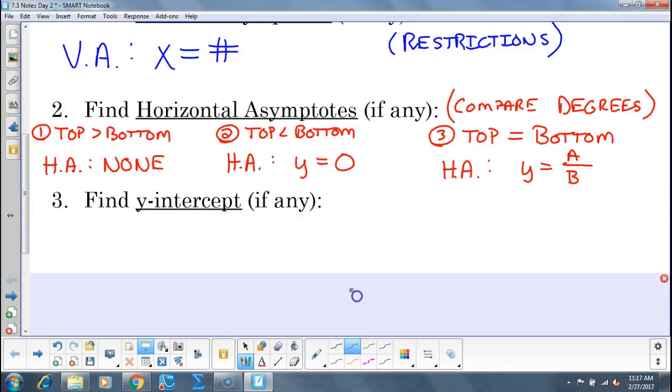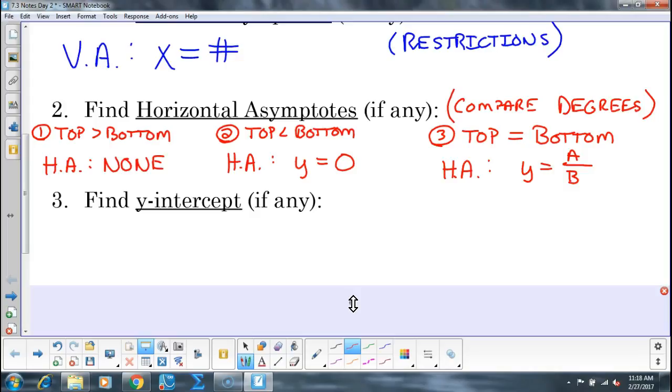Okay? Then, our next step is we are going to find the y-intercept, if there is one. How do I find a y-intercept? For x. Okay? So I set x equal to 0, and I solve it, right? Okay?